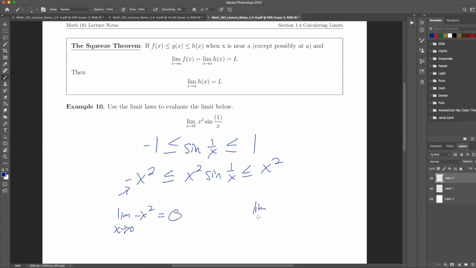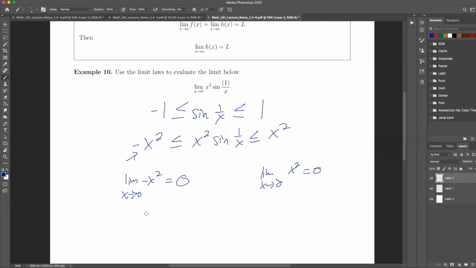What's the limit of x squared? Well, it's also 0. So since this is 0 and this is 0, the limit of this goes to 0. Therefore, this implies the limit of x squared times sine of 1 over x as x goes to 0 is 0.